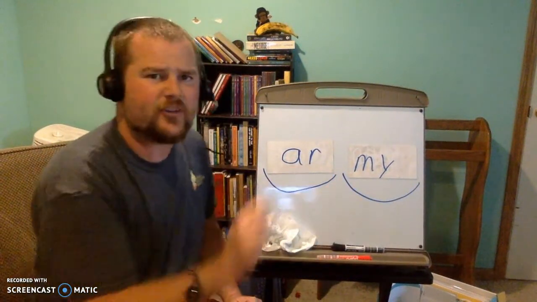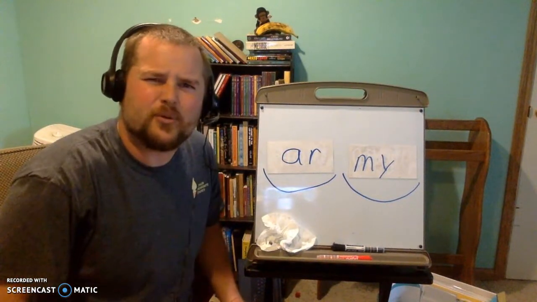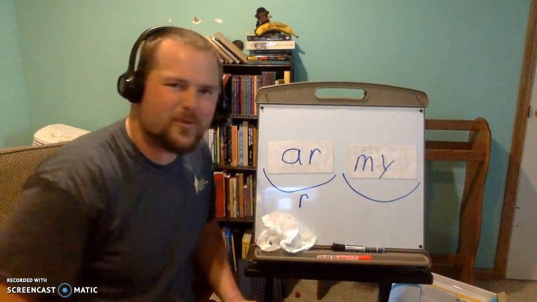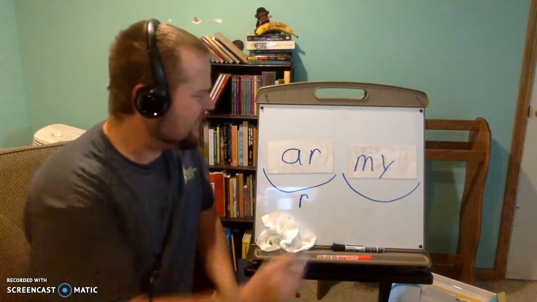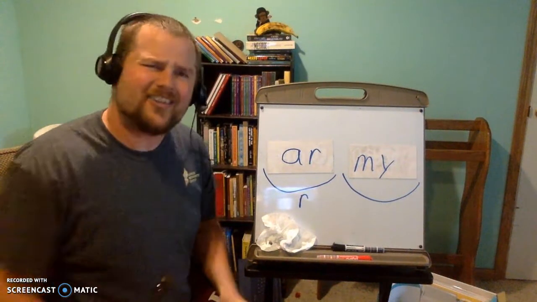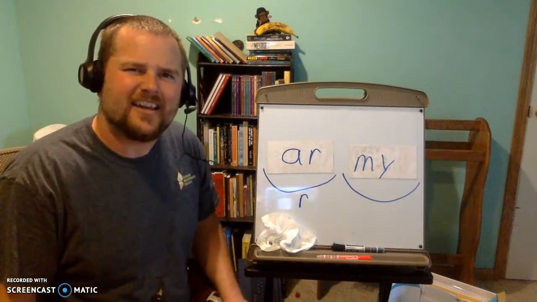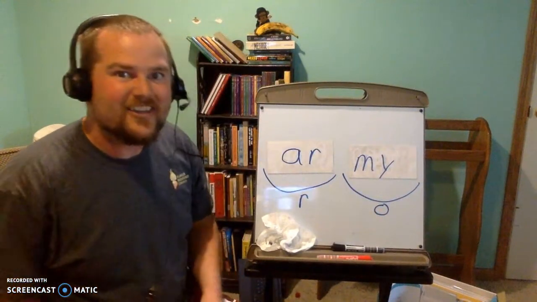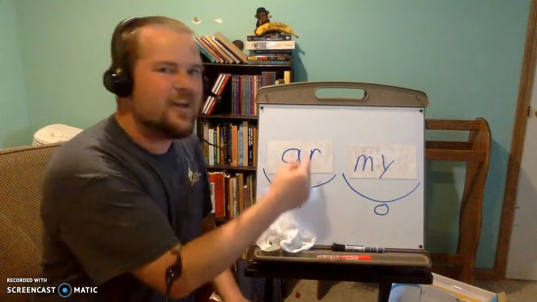This first syllable is AR. What kind of syllable is that? Yes, that is an R-controlled syllable. You got it. Our second syllable is me. What kind of syllable is that? You got it. It is an open syllable. So this is how we will mark the word army.